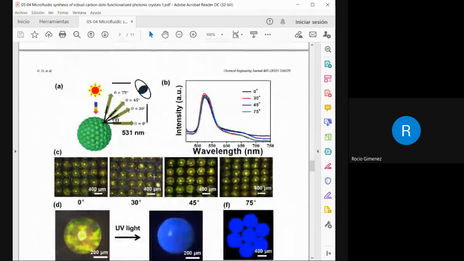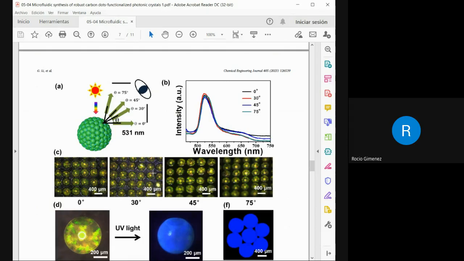Then also, photonic crystals commonly present different structural color when viewed from different angles, which can also limit their applications. So these prepared hybrid microbits show angle-independent structural color because of the spherically symmetric structure they have.